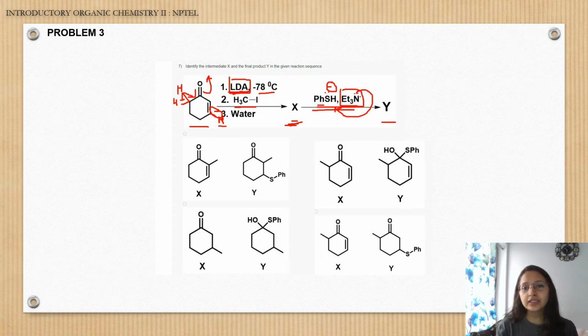After the abstraction of the proton from this thiol, this triethylamine will end up with an NH with a positive charge on nitrogen. Is it clear?